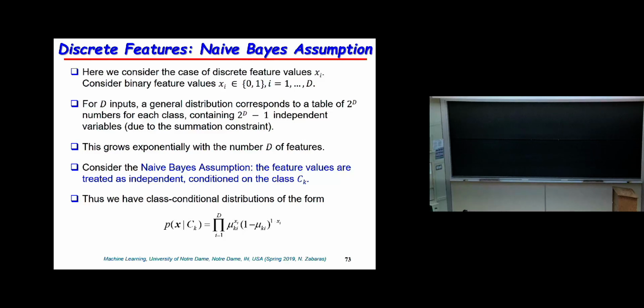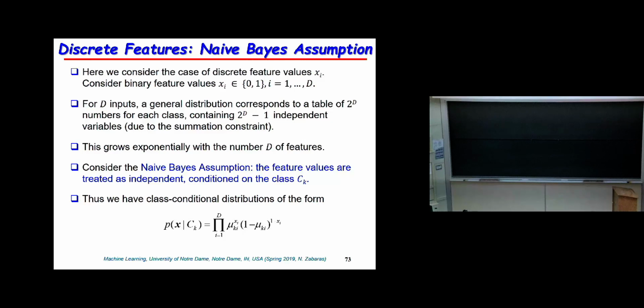You notice the way that this is written, it assumes the classical naive Bayes assumption that says that given the class labels, the features are independent. So what I'm able to do here is write this as a product over features, and this is basically a Bernoulli distribution. Before, we had the means and the covariance of the Gaussians to compute.